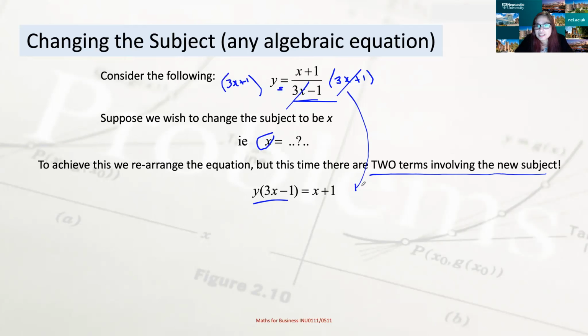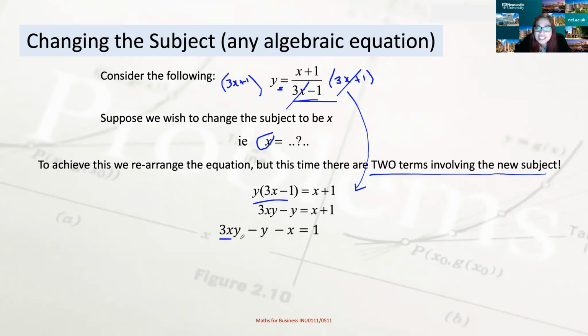So I get this. Then, what do you do when you see a bracket? You remove the bracket, expand. And now what do you do? Look for the like terms, but you want x on the left-hand side. I'm going to take the other things to the other side and x on one side, so that I have like terms. I bring x this side.